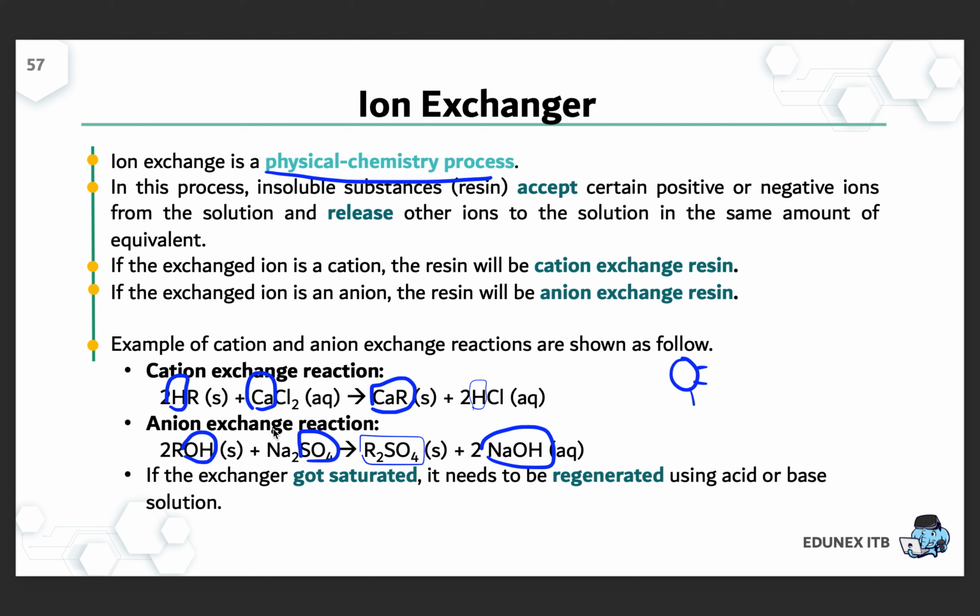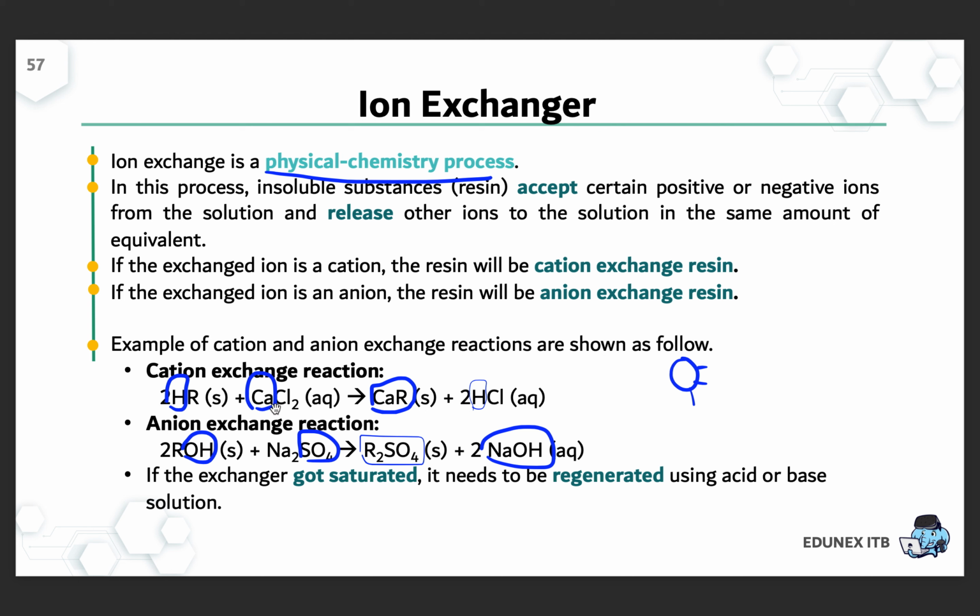What happens in ion exchange is basically an adsorption process. This is a physical chemistry process based on the adsorption mechanism. In the cation exchange resin, we exchange the cation. If our resin contains hydrogen, where R is resin and H is hydrogen, and the cation exchange resin is in contact with some salts in the water, let's say calcium chloride, the cation will be exchanged.